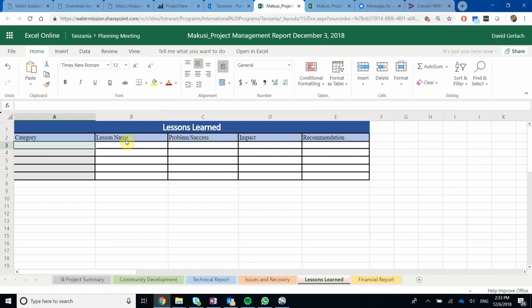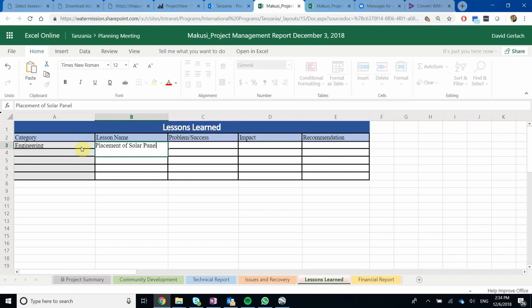And so here we might say in the category of engineering, the lesson name might be placement of solar panels. And was it a problem or a success? It was a problem for us in that the solar panels that we designed couldn't go where they said that we were going to go in the Google Earth plan.